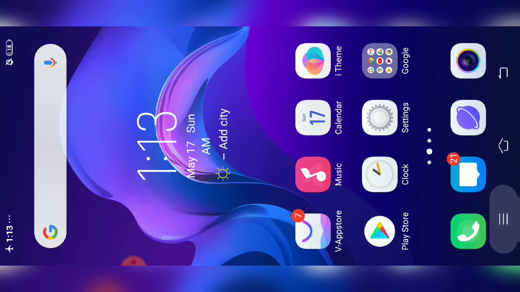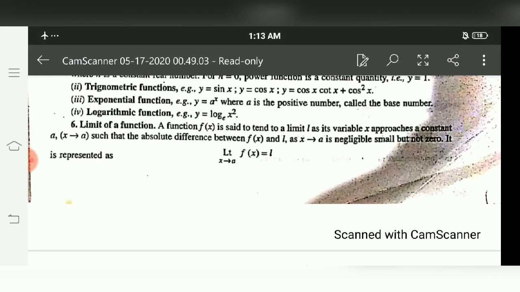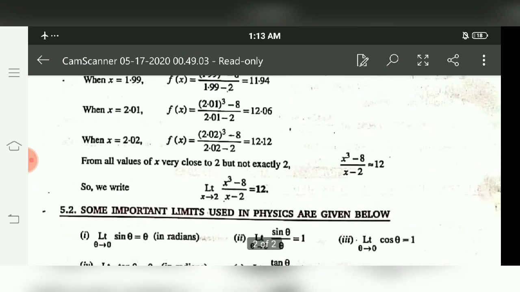So what do we observe here? If limit approaches 2, it's not exactly 2.